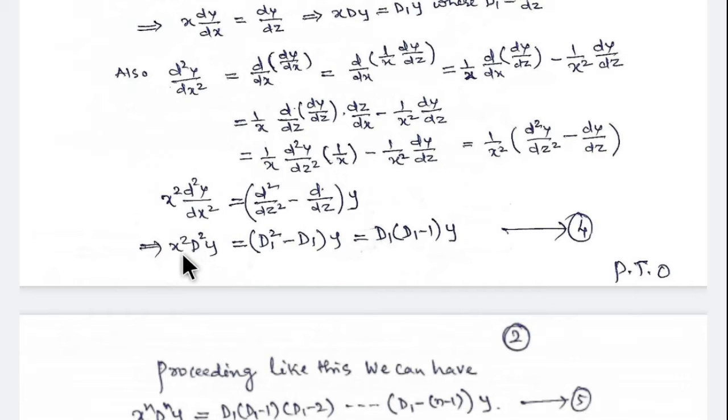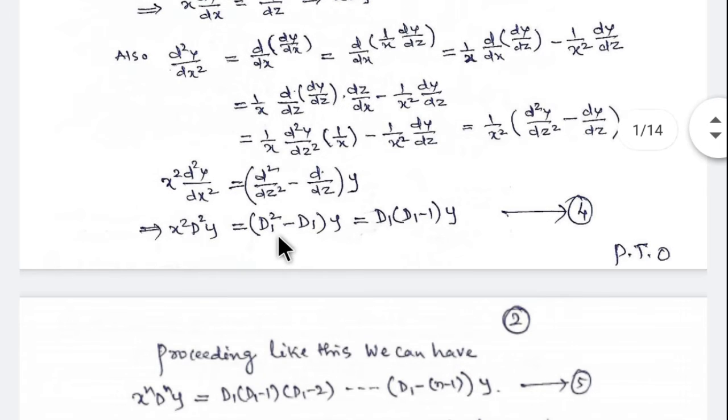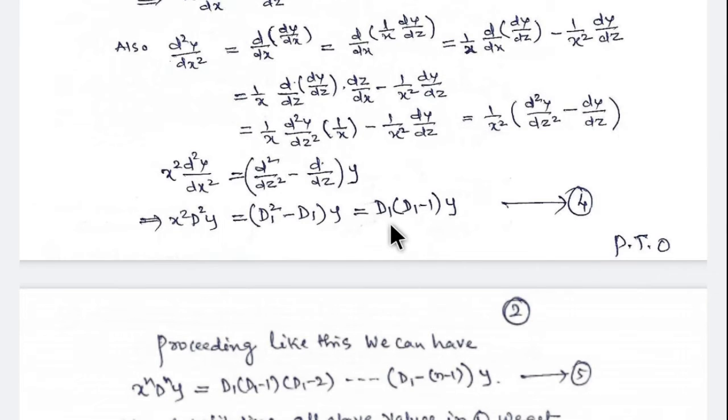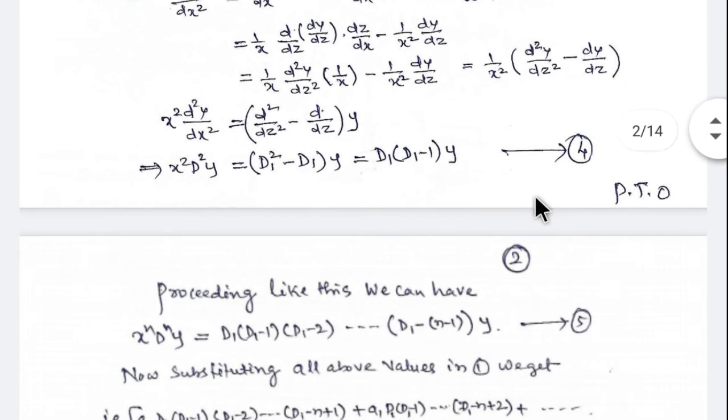Using capital D, with D1 for d by dz, x square D square y equals D1 square minus D1 into y, which is D1 into bracket D1 minus 1 into y. This we call equation 4.